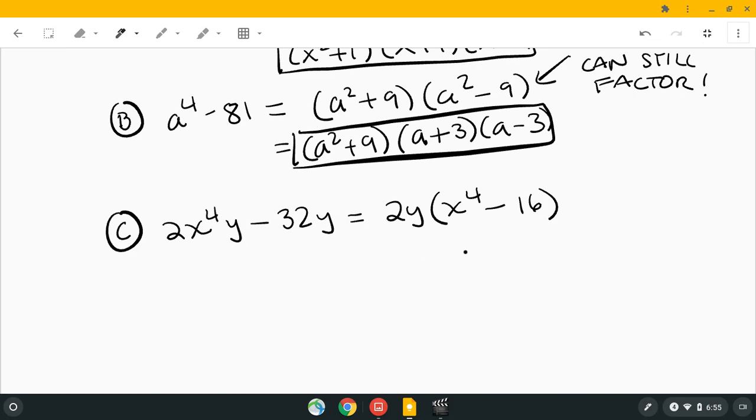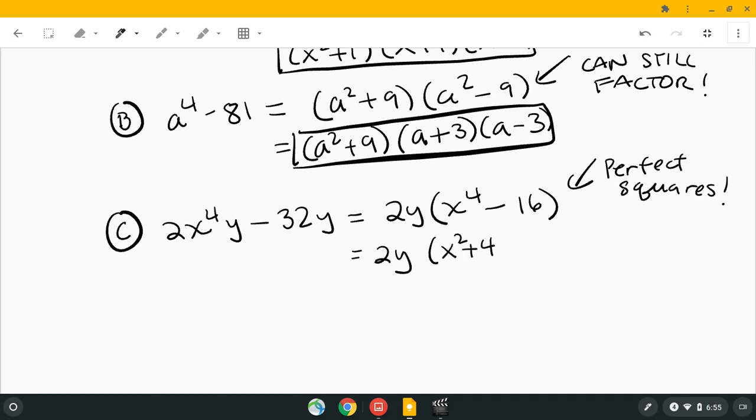All right, but we are not done because over here, these are perfect squares, right? Perfect squares again. So I'm going to go ahead and factor this out. So it's going to be x squared plus 4, x squared minus 4. Oh, but look at that.